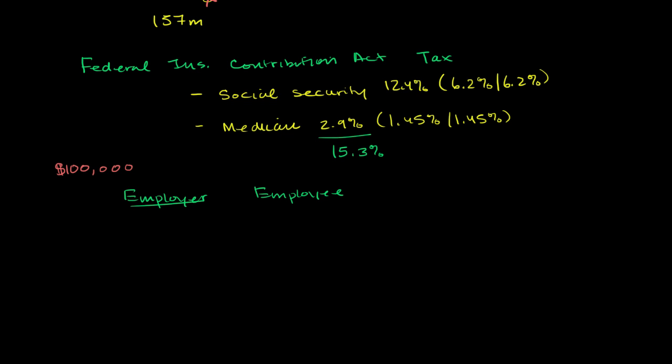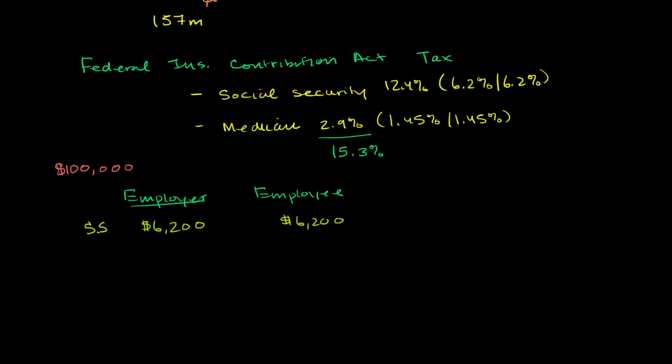So for Social Security, your employer will contribute 6.2% of this. So above and beyond paying the $100,000 gross salary, they will also pay 6.2%, or $6,200. And the employee will also pay $6,200, and that will be deducted from their paycheck, so that what they get will be net of the $6,200.